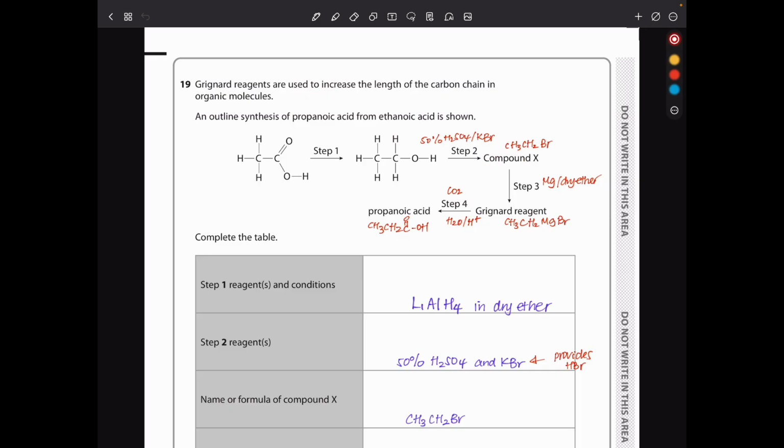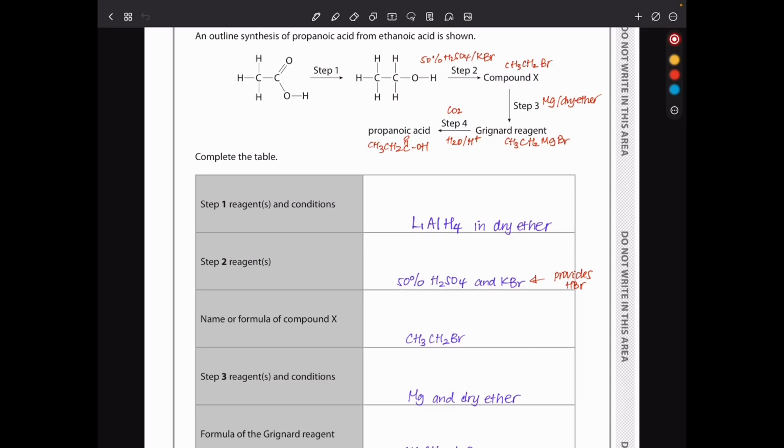So usually we use bromoalkanes, so in this step we use 50% sulfuric acid plus potassium bromide to give us the hydrogen bromide, which is the reagent to convert this to that. And then in this step, to produce a Grignard's reagent, we're going to use magnesium in dry ether, giving us this. And then this is going to react with carbon dioxide. And then we hydrolyze in the presence of acid to give us the propanoic acid.